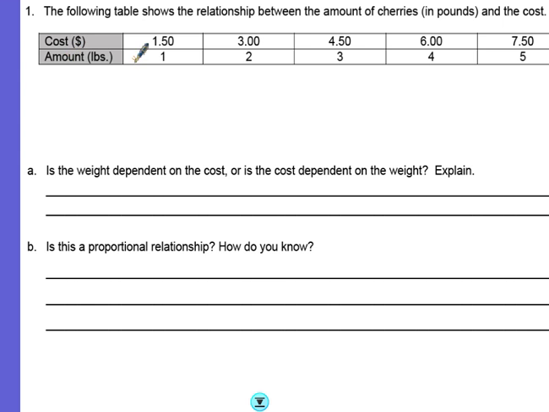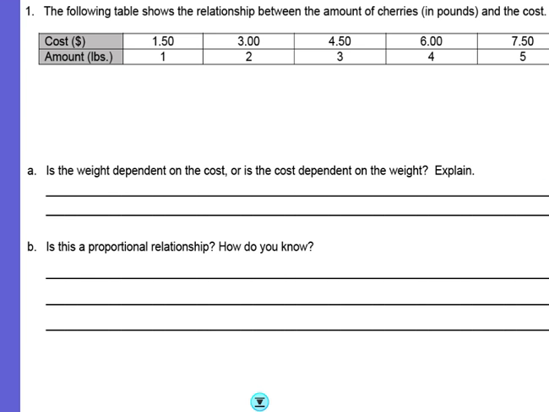Okay, so let's try to understand the table first. The table is comparing the cost that you pay for buying cherries and the amount of cherries you buy. And it says 1 pound of cherry costs $1.50, 2 pounds cost $3, 3 pounds cost $4.50, and so on. So the first question is asking us, is the weight dependent on the cost, or is the cost dependent on the weight?